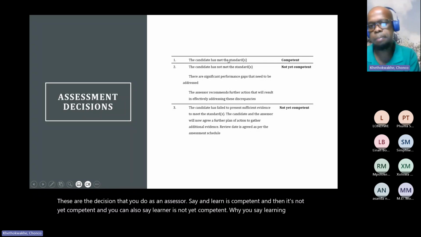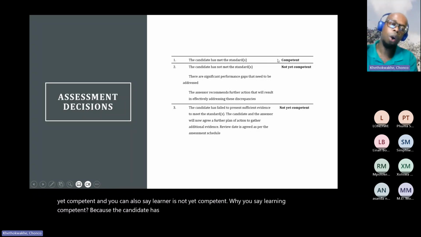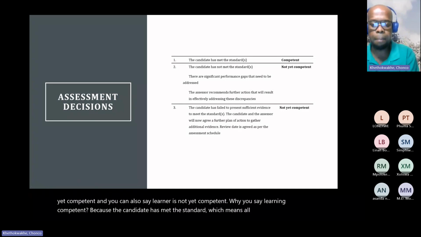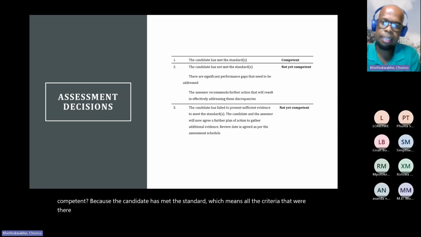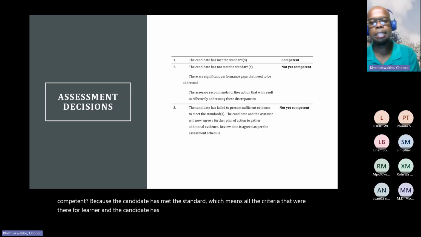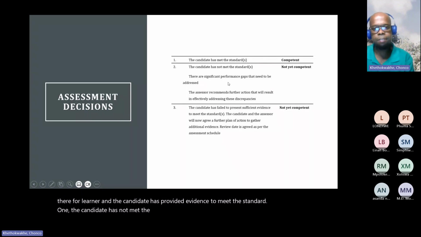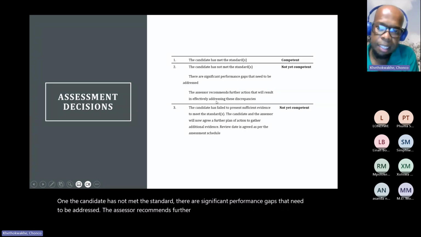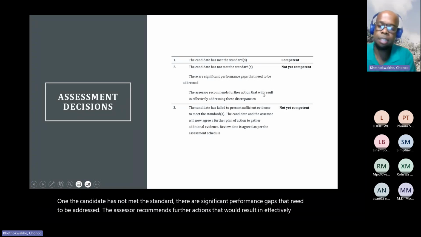Because the candidate has met the standard, which means all the criteria that we put there for a learner, and the candidate has provided evidence to meet the standard. And then in the second one, the candidate has not met the standard. There are significant performance gaps that need to be addressed. The assessor recommends further actions that would result in effectively addressing these discrepancies.